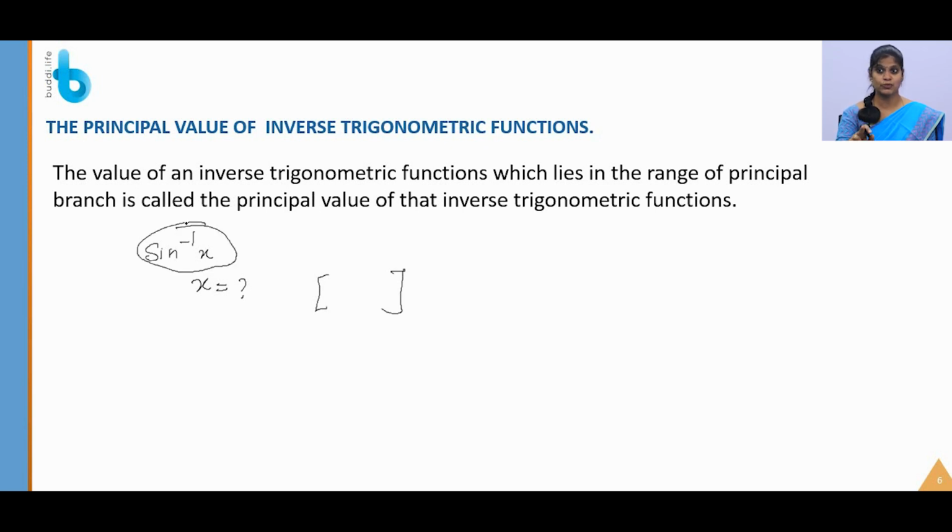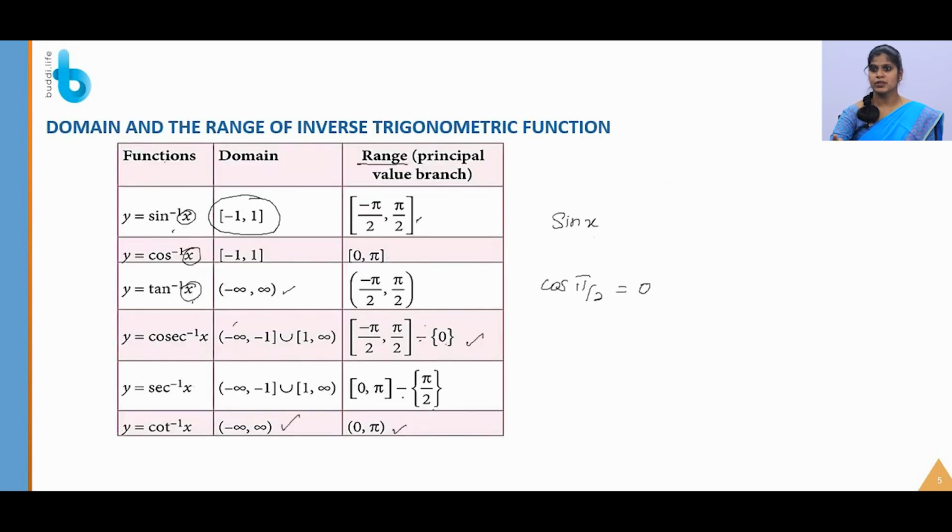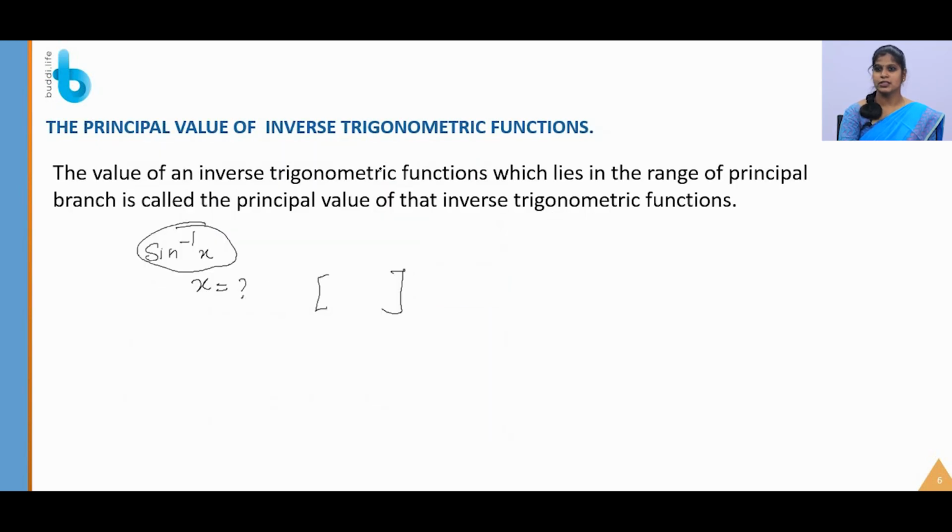What is the principal branch value of the sine inverse function? We have just now learned, minus pi by 2 comma pi by 2. That is, the value which lies in the range minus pi by 2 comma pi by 2 is the principal branch value of that sine function.